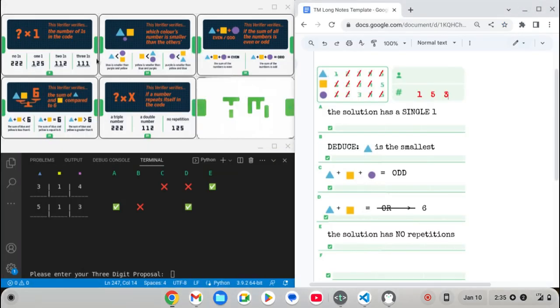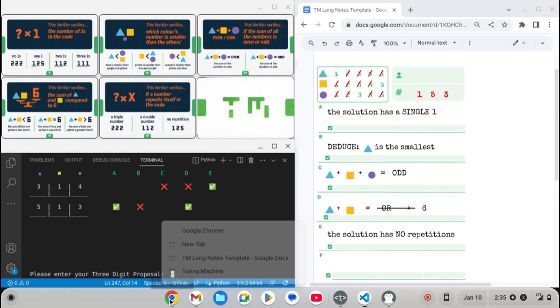Well, it is a 5 criteria card puzzle, but we did 6. We had to retest D, the sum of the first 2. So we did C, D, E in the first round. E was the only correct one. And then we did A, B, D in the second. And B was incorrect.